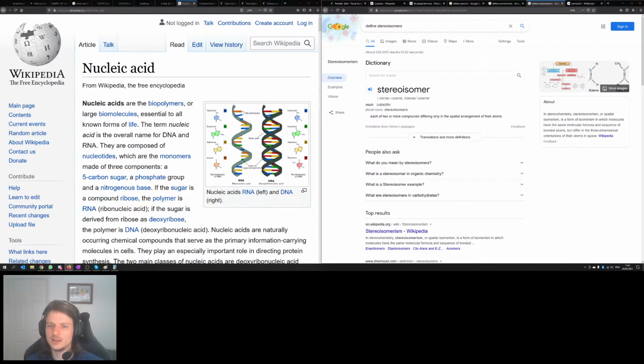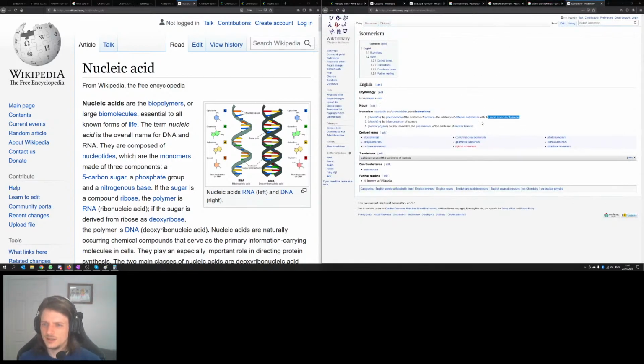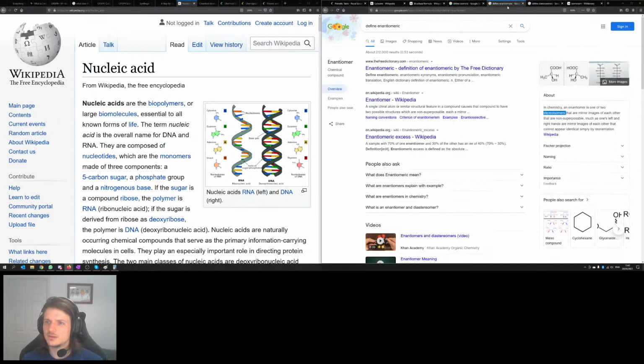Solid substance with the same molecular formula. Okay, trying to understand what it's saying here.